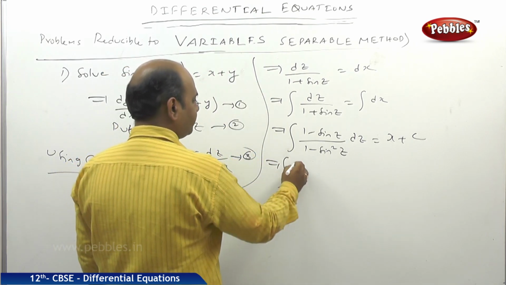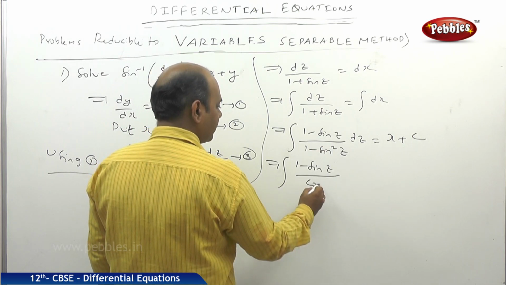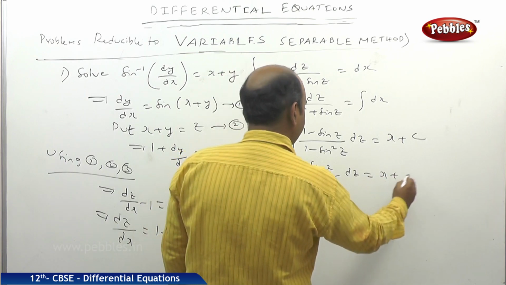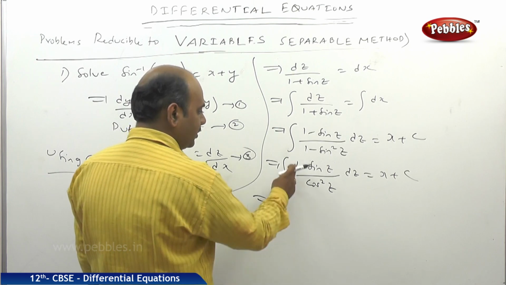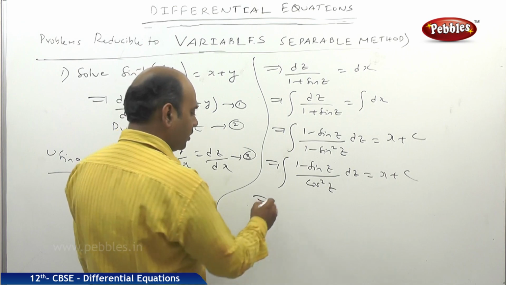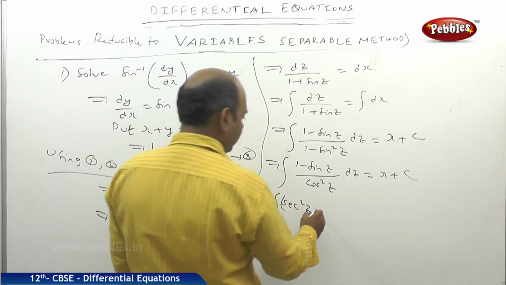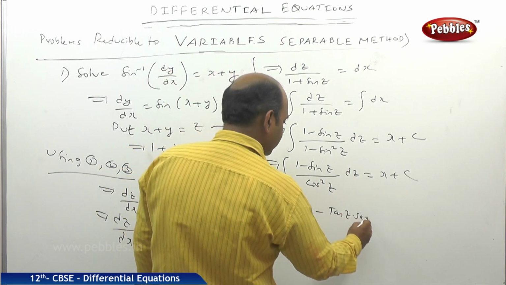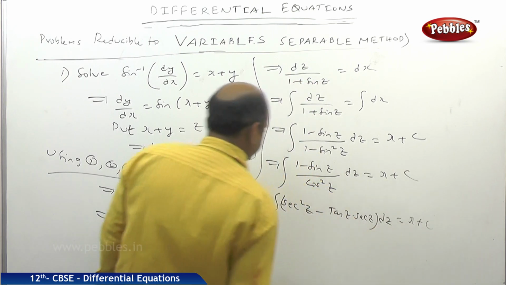So 1 minus sin z by 1 minus sin square z means 1 minus sin z by cos square z dz is equal to x plus c. Splitting a minus b by c as a by c minus b by c, 1 by cos square z is secant square z, minus sin by cos means tan z into secant z dz is equal to x plus c.